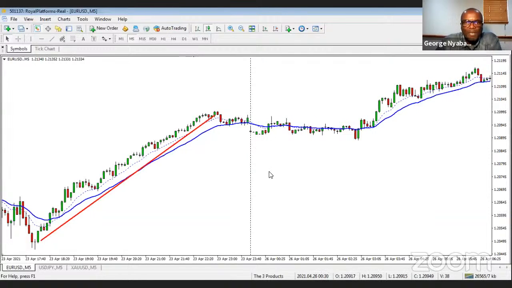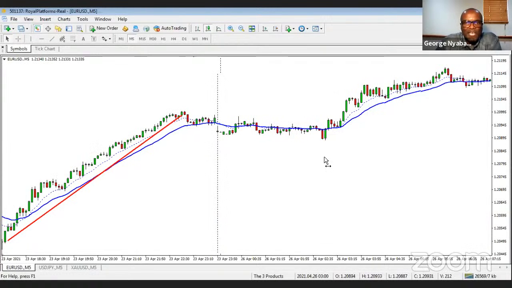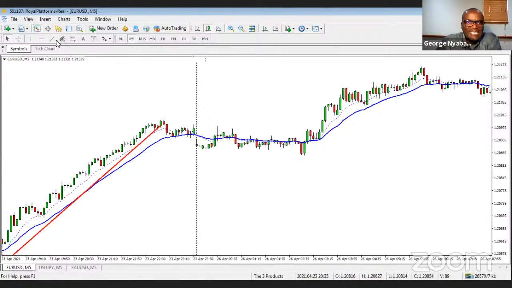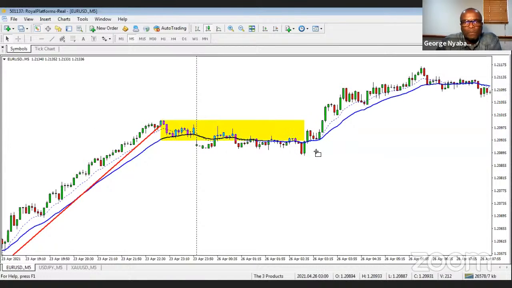I mean, things are still forming and setting on the day. Then we have this sideways price action. Now, this sideways price action is still a continuation of the break beneath the moving average, beneath the trend line.